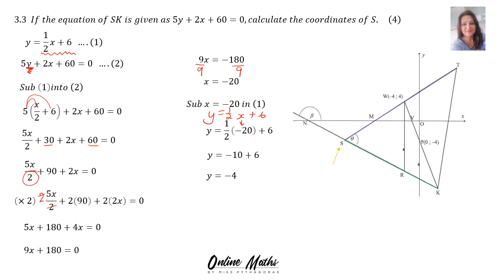And then the final answer, because the question said give the coordinates of S: (-20; -4). And then where are the marks? For substitution, for your x value, then your substitution to get your y value, and then your y value: 4 marks.